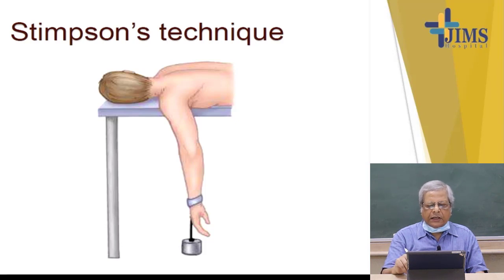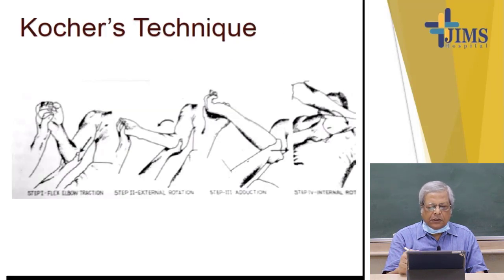There are several other methods. This is the classical Kocher's technique. This is also very commonly done. There is traction this way. Then the next step is the humerus is externally rotated.